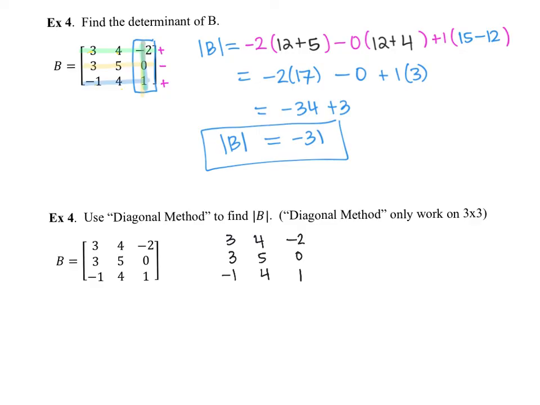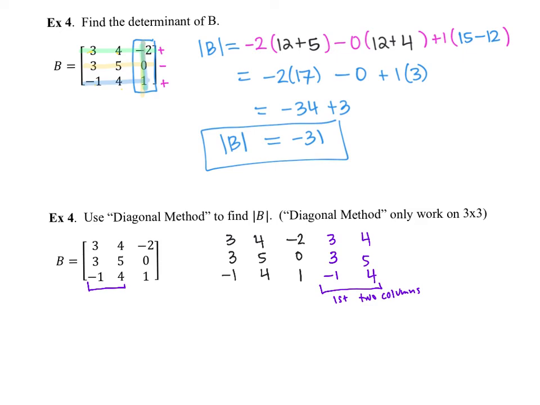Now I'm going to add 2 extra columns. I'm going to repeat the first 2 columns again. So what did I have? I had 3, 3, -1, and 4, 5, 4. This is the first 2 columns. If you choose to do the diagonal method, this is always how you will set it up.